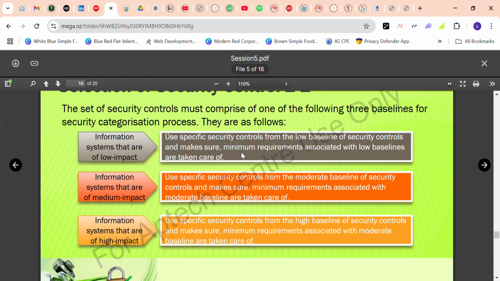If the impact, the damage it will cause to that information system, is very low, this is the kind of selection we are going to pick. We use specific security controls from the low baseline of security controls and make sure the minimum requirements that we talked about associated with the low baseline are taken care of.